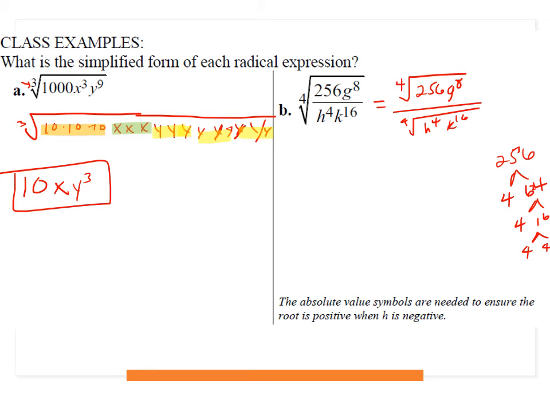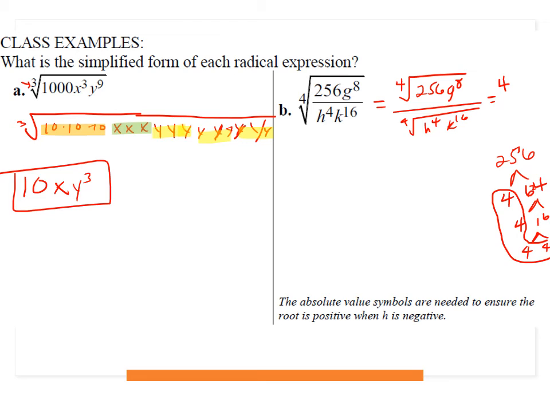Notice this time, instead of breaking down by prime factorization, I started to notice that maybe it's a little less work for me. And I left it as 4s, and I ended up with a group of 4. And so, smaller tree, less work. I can see what's happening. So the fourth root here of 256 is 4. And I gotta remember, it's not just positive 4.